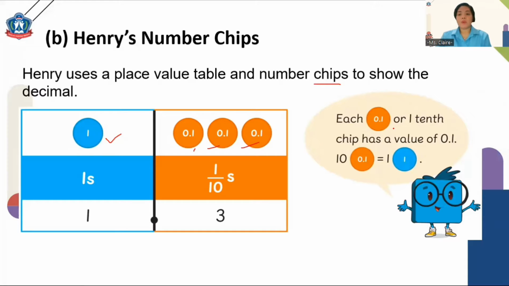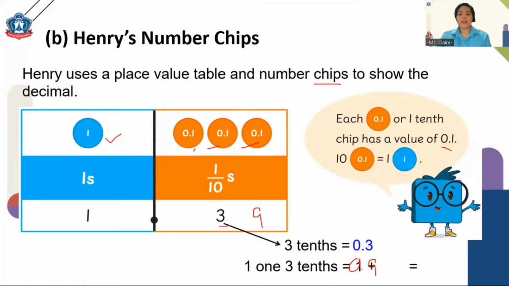Each 0.1 or 1/10 chip has a value of 0.1. If you have 10 chips of 0.1, that is equal to 1. If you have 10 tenths, that is already equal to 1. So this 3 here is called 3/10, and this is equal to 0.3. If this one is 9, that is equal to 0.9.